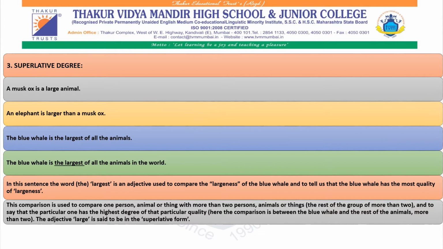The adjective large is said to be in the superlative form, as we can see the letters est have been added to large, and est can also be called a suffix, and this comparison is called superlative degree.